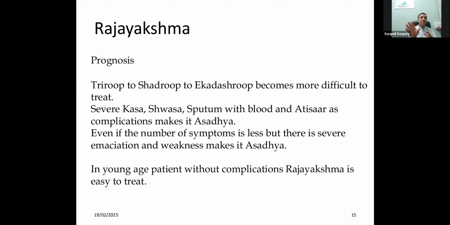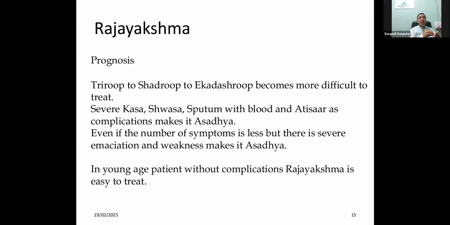Even if the number of symptoms is less, but there is severe emaciation and weakness, it makes it asadhya. Here it means that even if it is Tri-Roop, or 2 symptoms or 5 symptoms, even if the number of symptoms in the patient is less, but if there is severe emaciation, loss of mamsa dhatu is more and weakness is more, then it becomes asadhya.